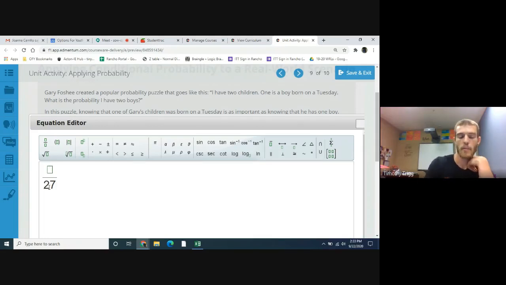And how many of these options have a boy and another boy? 13. So actually, you would think it'd be a 50-50 chance, but with the information that you have a boy born on Tuesday, the probability of having 2 boys is actually less than the probability of having a boy and a girl. 13 out of 27. This is a probability of 0.4815.